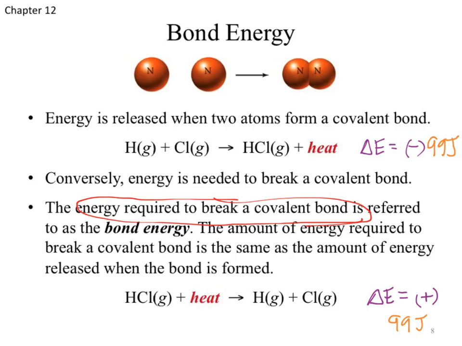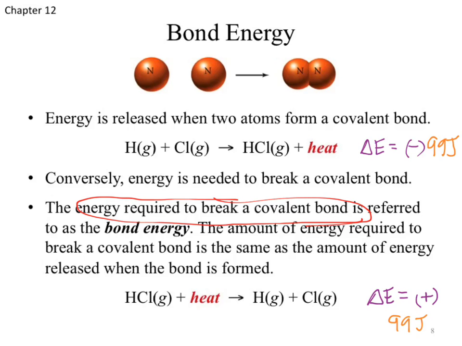That is the definition of our bond energy. What should the sign be on all bond energies? Positive. Why? Look at our two reactions. The only one that breaks those two atoms away from each other is the second one, and the energy in that case is positive. So your bond energies will always get reported as a positive value.